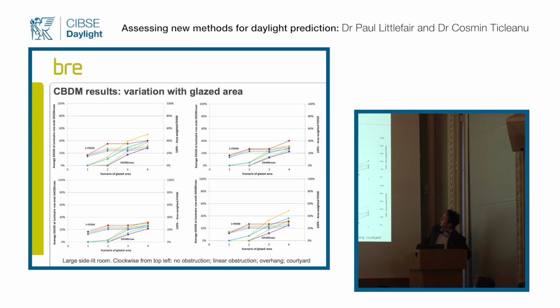As I mentioned earlier, 1 is small glazed area, 2 is intermediate but single opening, 3 is intermediate with multiple openings, and 4 is large glazed area. In dotted line, you can see the FD 500 values and the continuous lines DA 500 values.